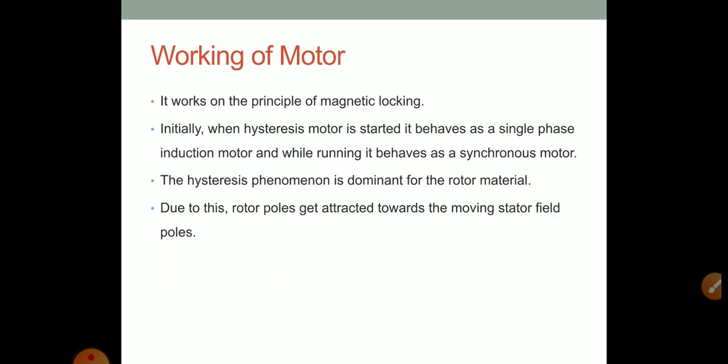Thus, the rotor gets subjected to a torque called hysteresis torque. This torque is constant at all speeds. When the stator field axis moves forward, due to high retentivity the rotor pole strength remains maintained. So the higher the retentivity, the higher is the hysteresis torque.